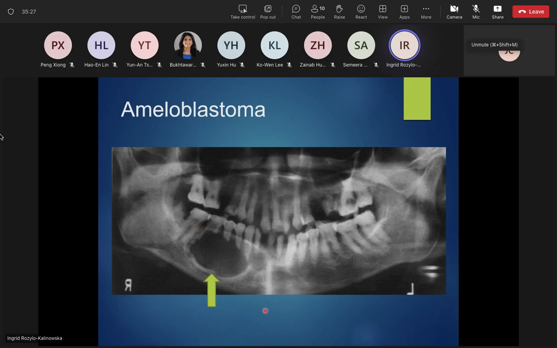So it's not ill-defined, it's a well-defined border of resorption, and I sometimes say, it's not an official radiological sign, but I often compare this to something cut by means of scissors or a sharp knife.